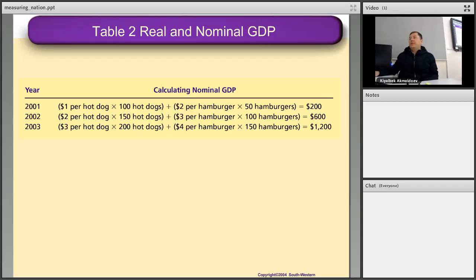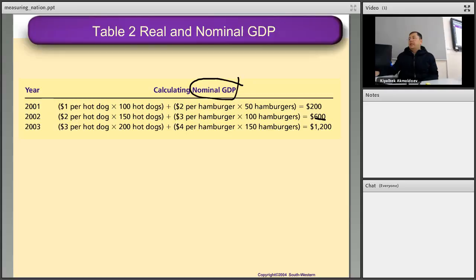In 2003, we used the same formula, and our GDP is $1,200. So the results of 200, 600, and 1,200 are nominal GDP. We calculate GDP with the current prices. So current prices are 1, 2, 3, and 2, 3, 4.